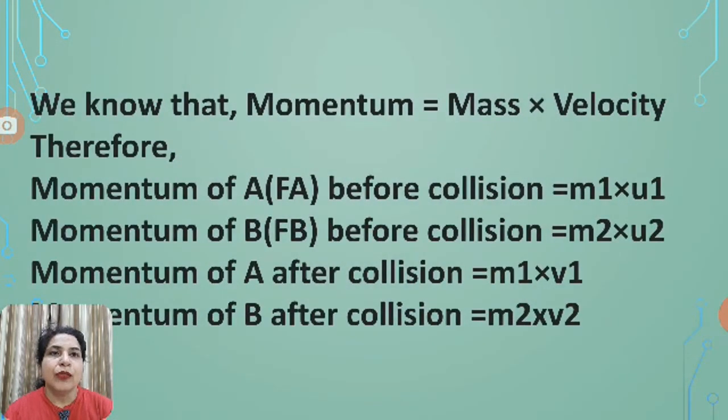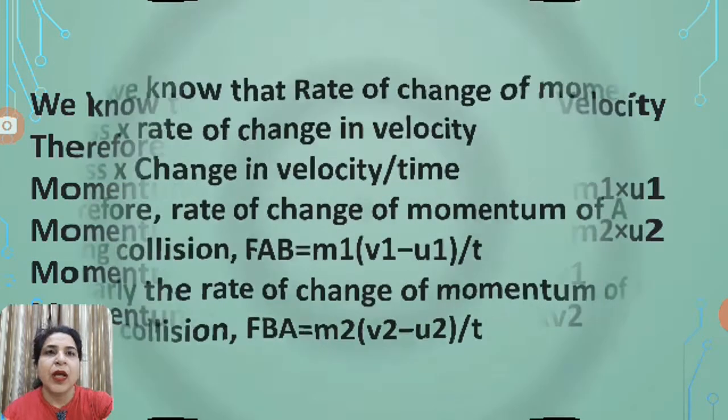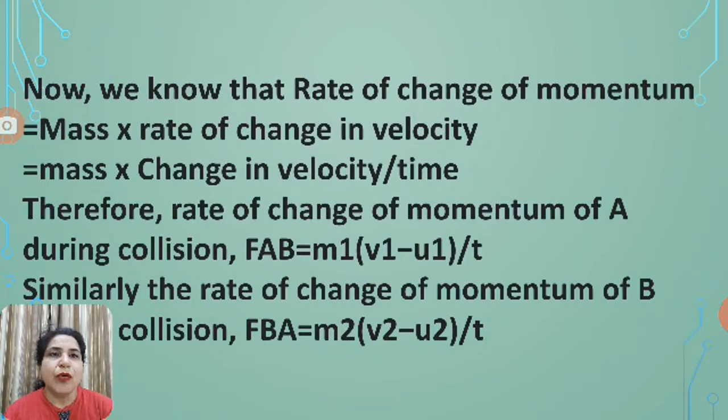Then we know that momentum is mass times velocity. So the momentum of A before collision is m1 u1, and the momentum of B before collision is m2 u2. The momentum after collision is m1 v1 for A and m2 v2 for B. We know that force is the rate of change of momentum, that is, mass times change in velocity upon time.